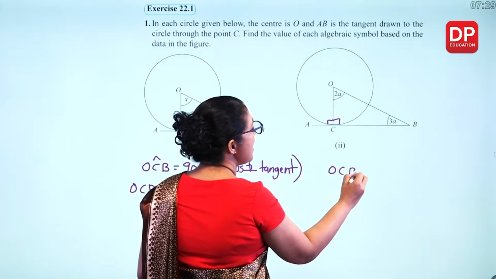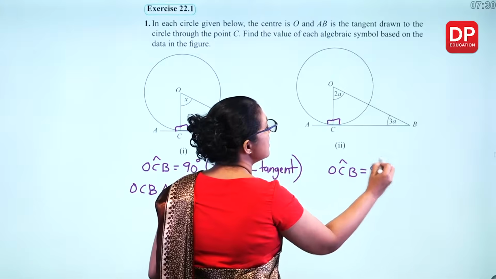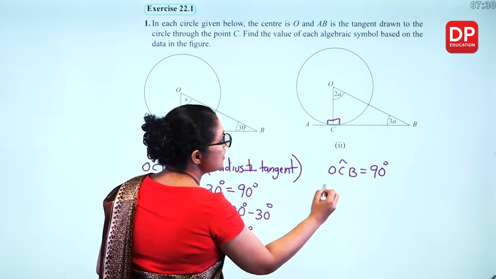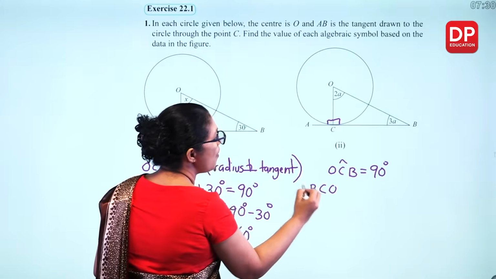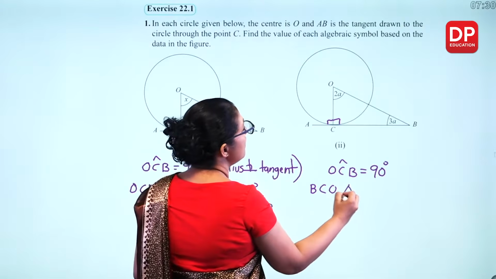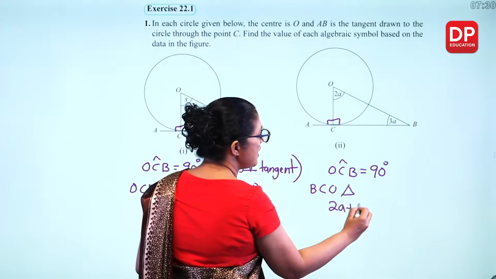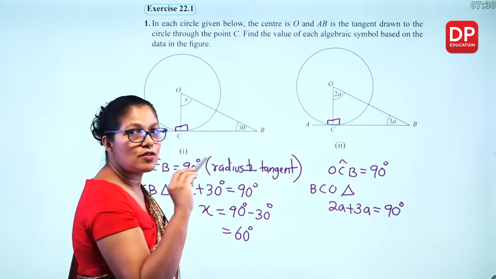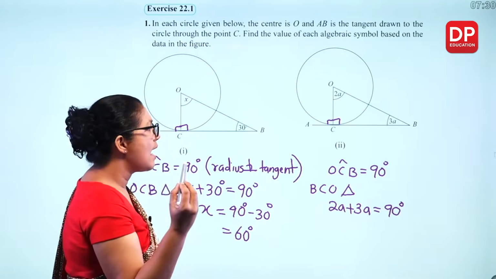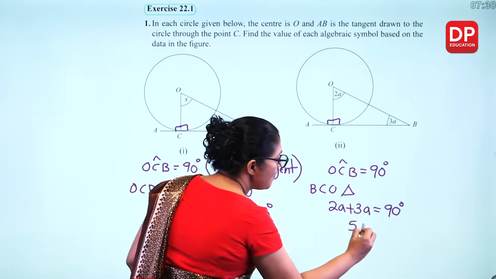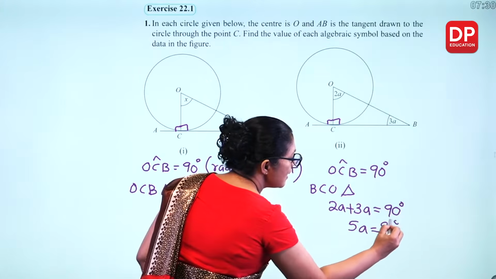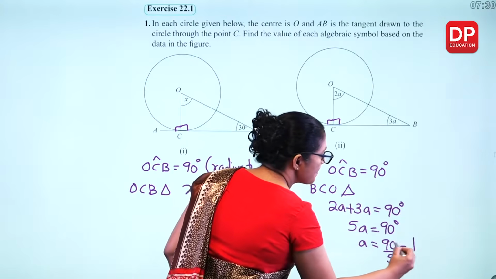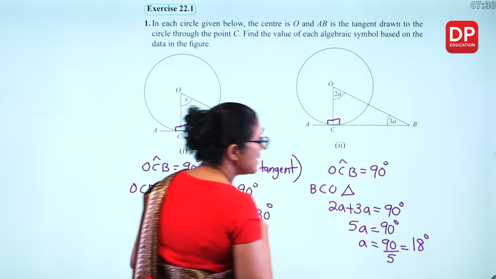So OCB angle is 90 degrees. And look at the OCB triangle or BCO triangle. We can write 2A plus 3A is 90 degrees because already 90 is there. The sum of angles in a triangle is 180. So 5A equals 90. So A becomes 90 divided by 5, 18 degrees.